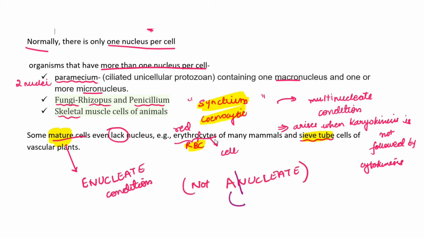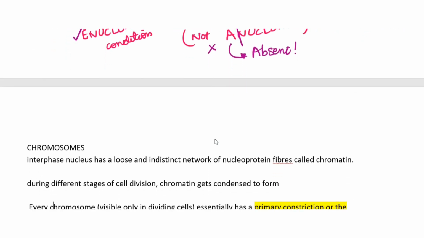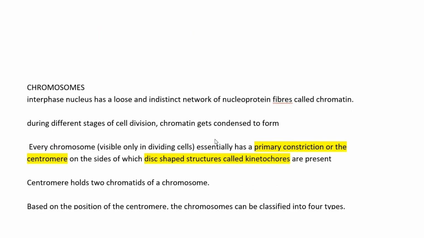Okay, so we talked about chromatin, which is present in the interphase nucleus, but it gets condensed and results into distinct structures known as chromosomes during stages of cell division other than interphase.